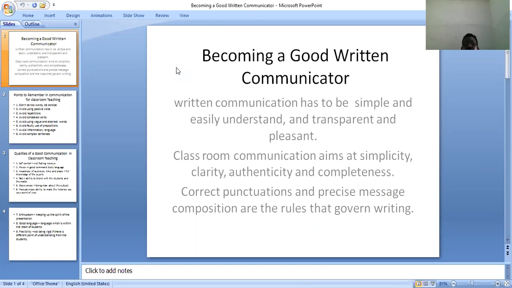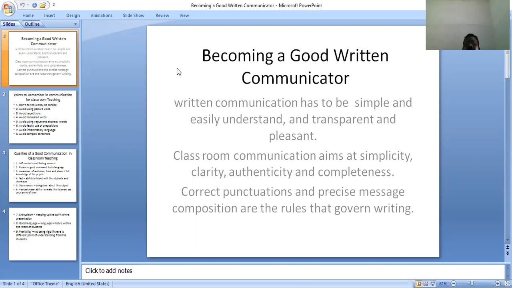Classroom communication aims at simplicity, and should have clarity, authenticity, and completeness. Suppose a sentence is incomplete, like: if you stand in the class, if you are late for the class, and I'm not completing it. Can you understand? No, you cannot.